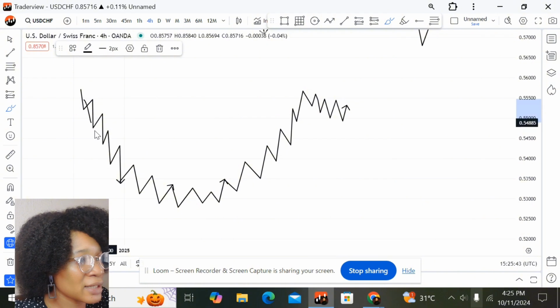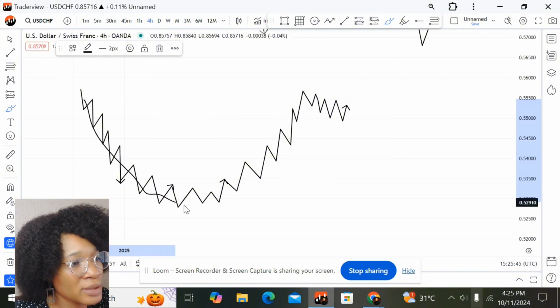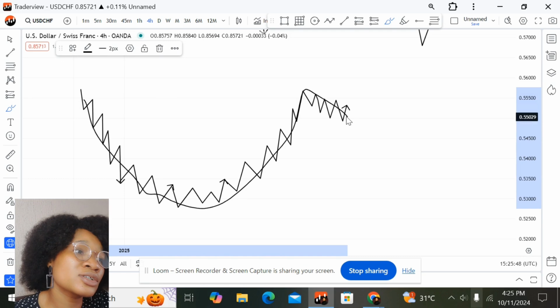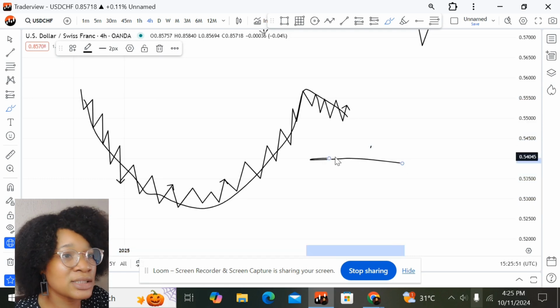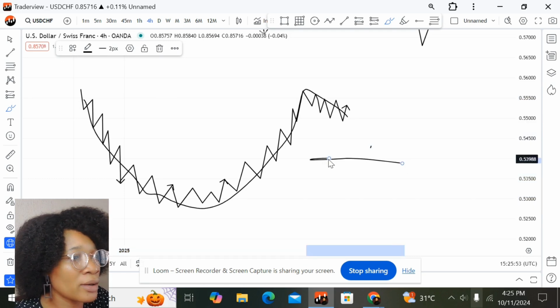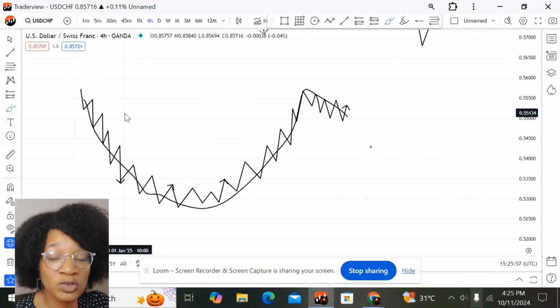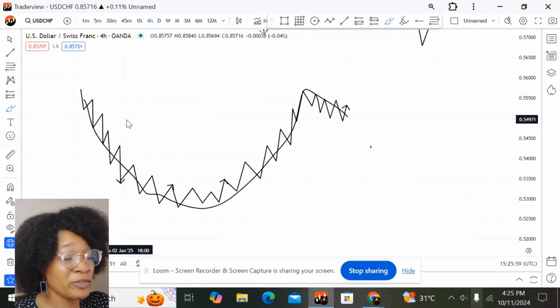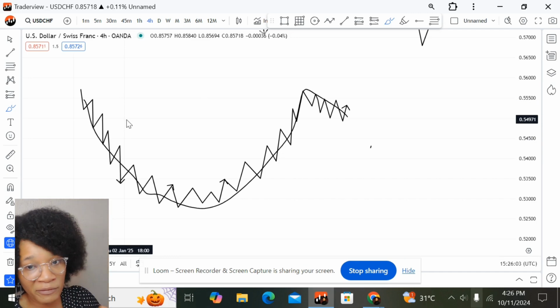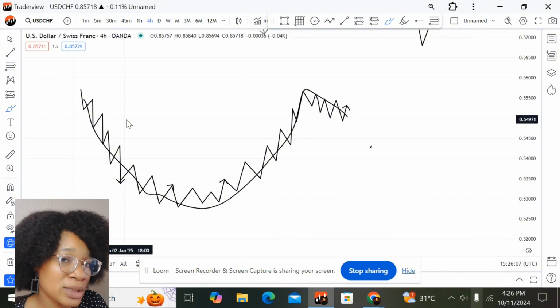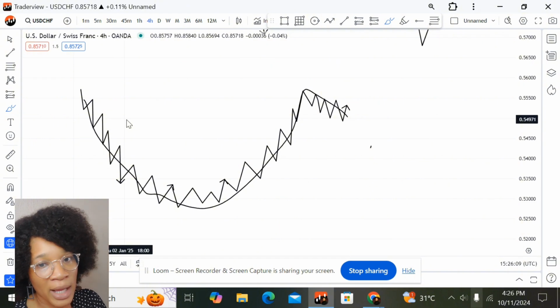Let me take that, this is the cup, and this is the handle. This is for when the market is moving from a sell movement to a buy movement. You would also find the reverse pattern when the market is moving from an uptrend to a downtrend, which is the inverse cup and handle.